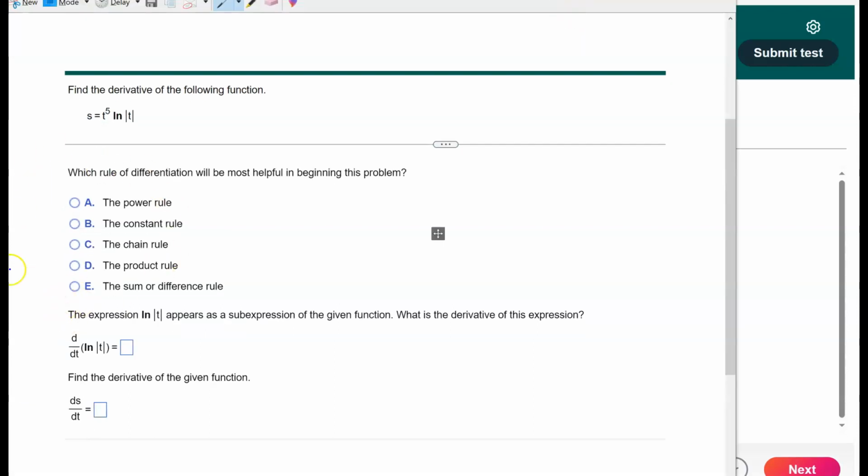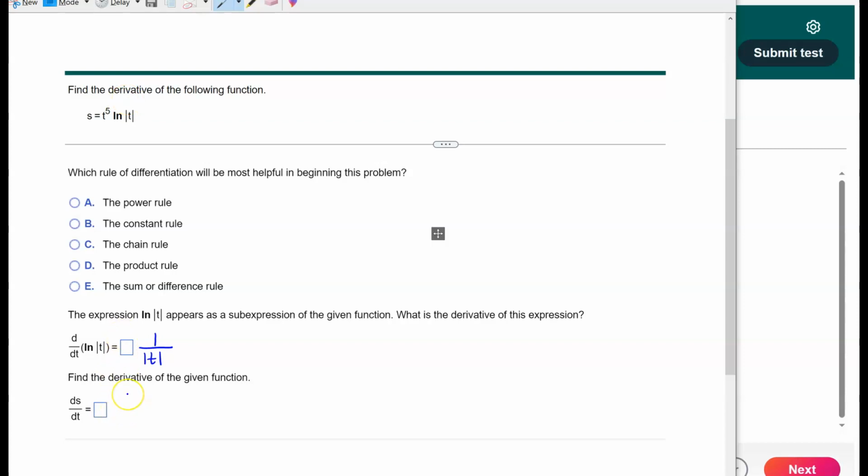Now we are asked to find the derivative of ln of the absolute value of t. So the derivative for that expression is just 1 over the absolute value of t, or just 1 over t. So to find the derivative here, we use the product rule.